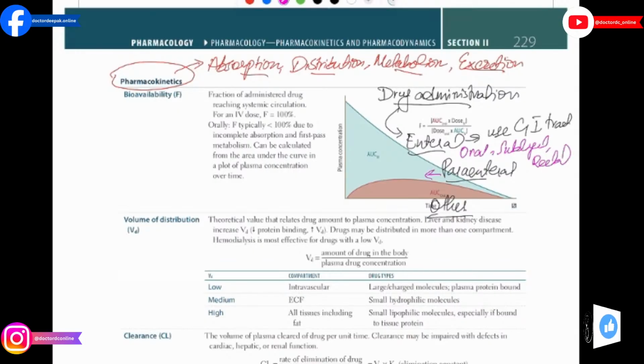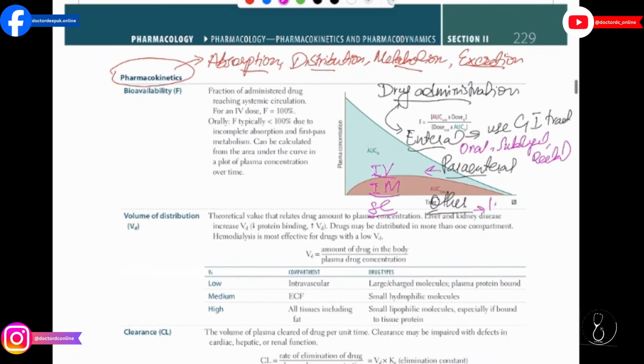The parenteral includes IV, IM, and subcutaneous. And the others include inhalation, intranasal, intrathecal, and topical, like creams and ointments that are absorbed by the skin.